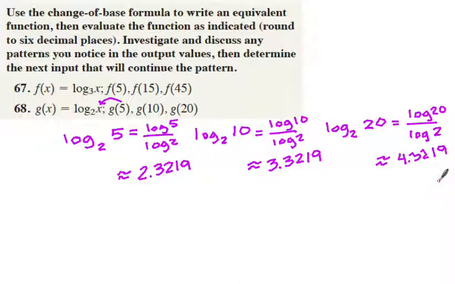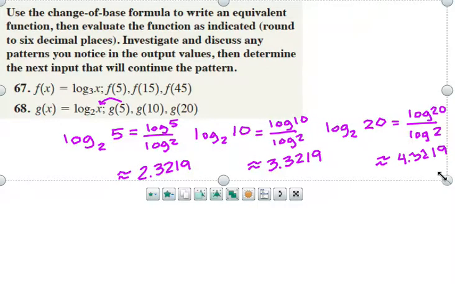Okay? You'll notice something similar with number 67, the one you guys have to do for your homework. It's a base 3, and we're tripling every single time. So we can start to predict that we're going to see a similar pattern. It's going to go up by 1 every single time. Okay? So that's just one of those things to think about, the multiplication inside of our logarithms and how that connects with what we're doing on the logarithms and their bases.